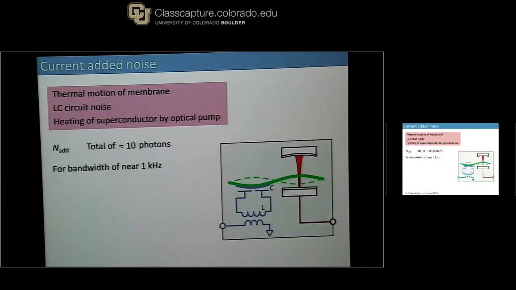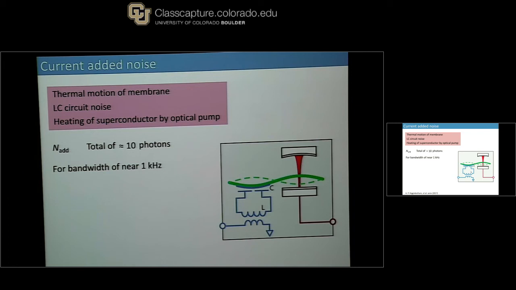Okay. All right, so now there's the topic of added noise. So even if I had a perfectly efficient converter, but I had some noisy process somewhere along the way, then let's say I put in a single microwave photon, I'd get a single optical photon out, but it would be on top of a bunch of other signal. And so we definitely don't want that.